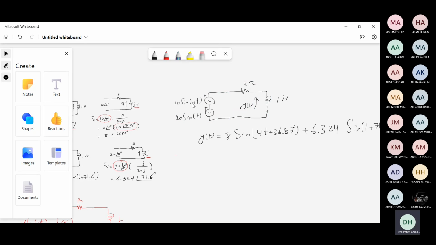Then the total output is equal to the summation of all.